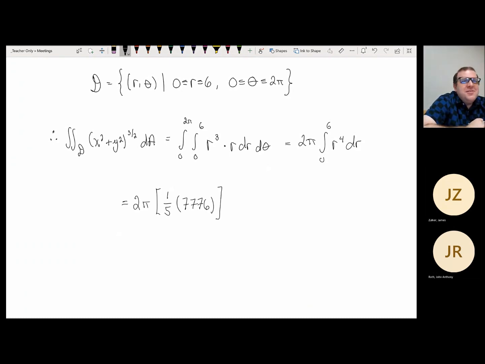That would have been cool. Two times 7776 is 15,552. So 15,552 pi over 5 is our integral.